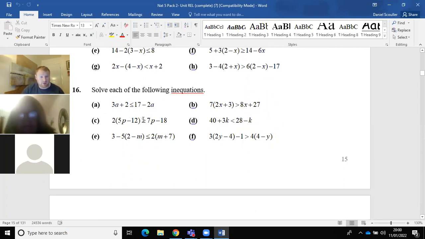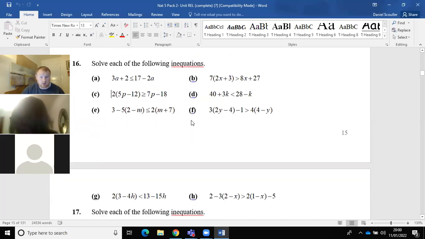So just because there's a greater than or equal to sign, nothing changes in that. When you take that 2 across, that becomes 7/2 p, minus 9. So when you bring it all together, you just need to deal with fractions like we were doing earlier today.